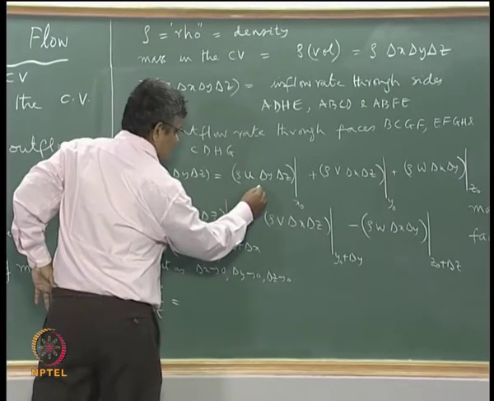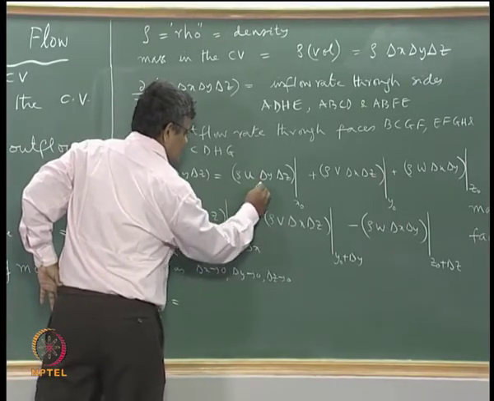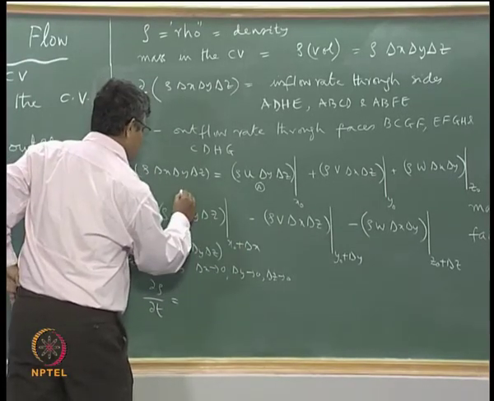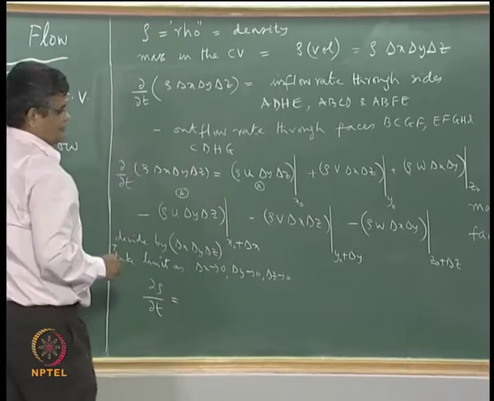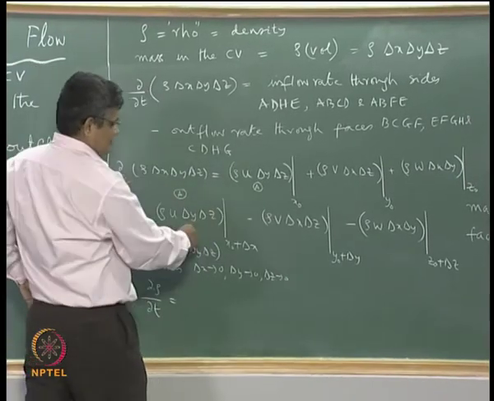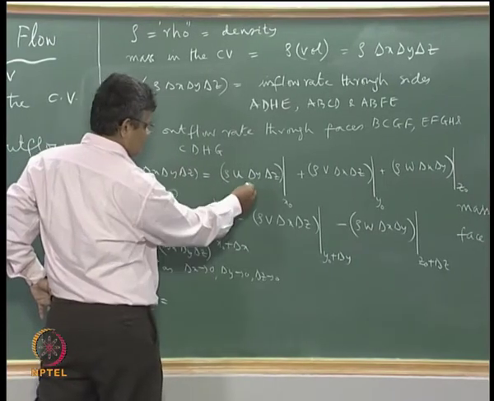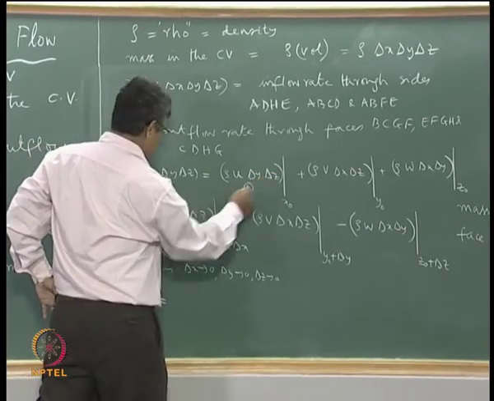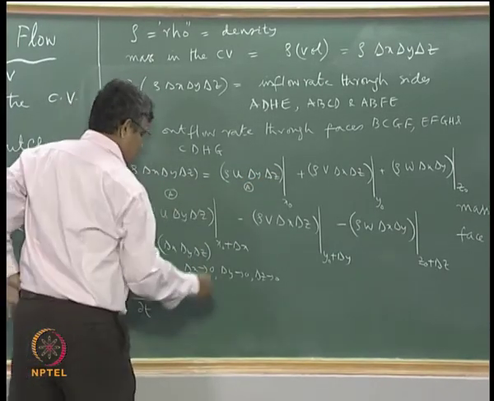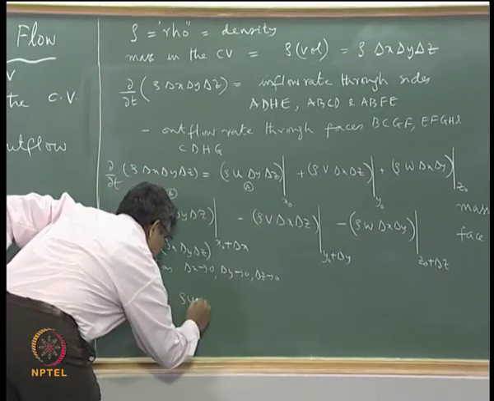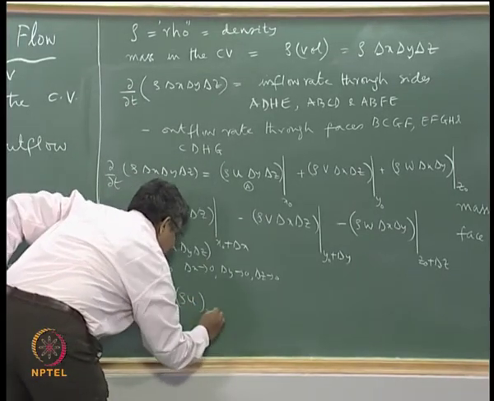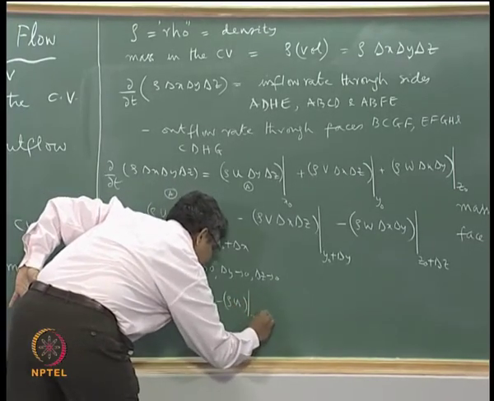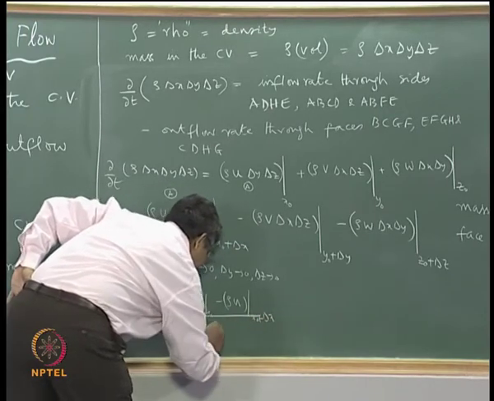We take this one here and the corresponding thing at x plus delta x, this term here, and then we take them together. We divide these two terms by delta x, delta y times delta z, so that this and this cancel out, and we get rho u at x naught minus rho u at x naught plus delta x divided by delta x from these things.